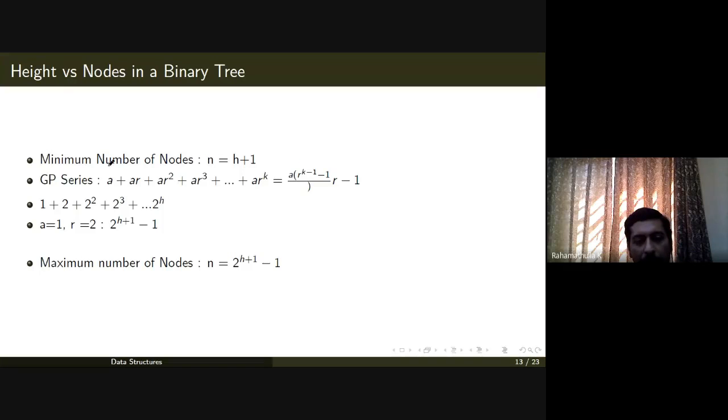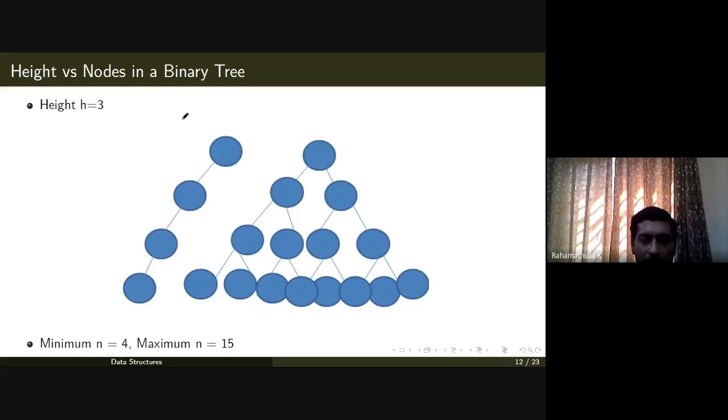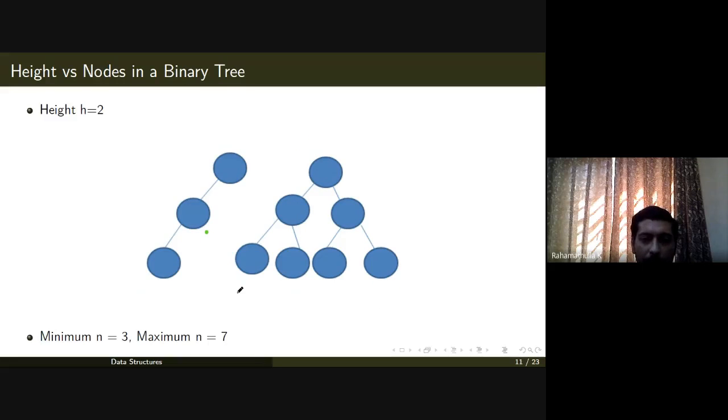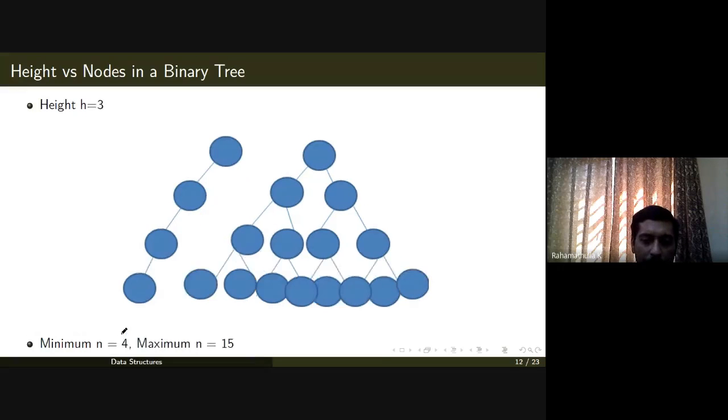From the pattern which we have seen in the three examples, the minimum number of nodes required for a given height h is n equal to h plus 1. That is, for h equal to 3, you should have minimum equal to 4. For h equal to 2, you should have minimum equal to 3.